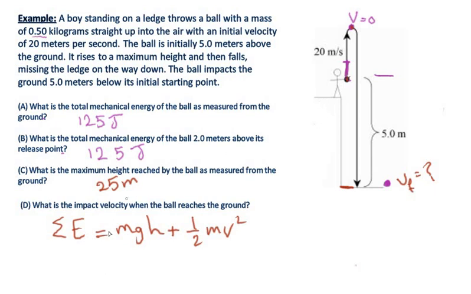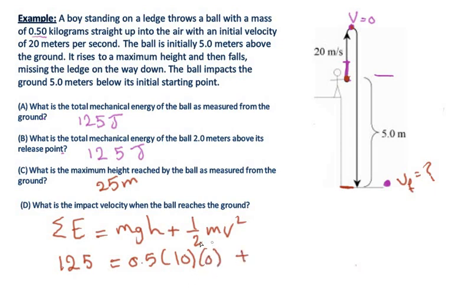We already calculated sigma E at the starting point, so we can just substitute it here as 125. m is 0.5, g is 10, and the height is 0 at this point because it's the lowest point.